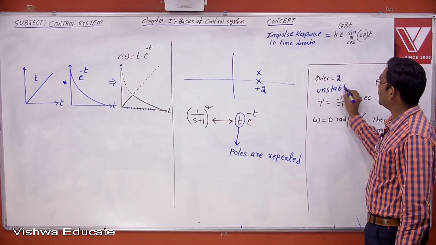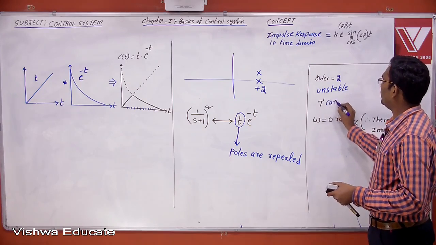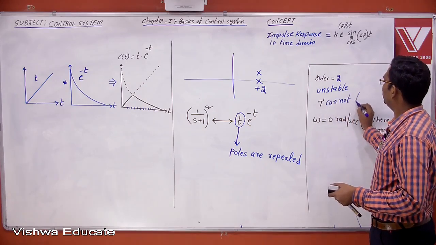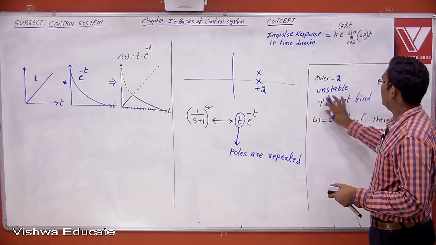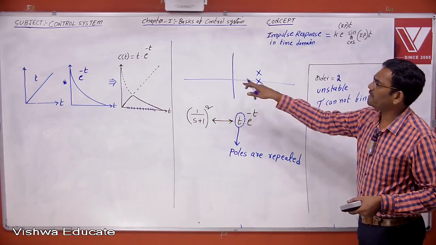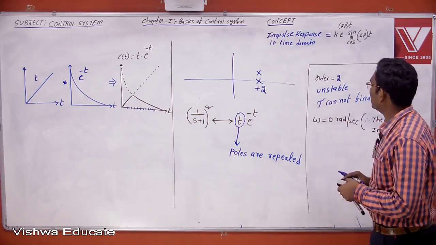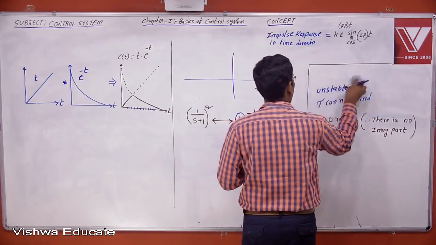If it is unstable, the time constant cannot be calculated. Time constant we cannot find. Now, is there any imaginary part? No imaginary part, only real part. Therefore, frequency of oscillation is 0 radians per second.